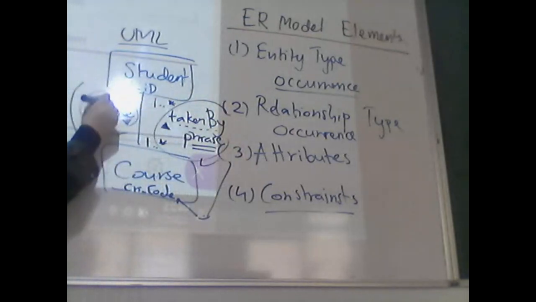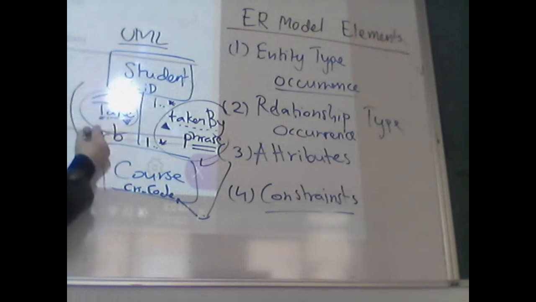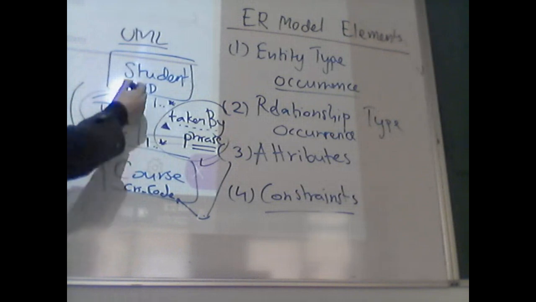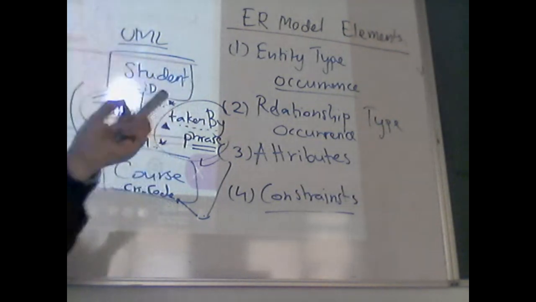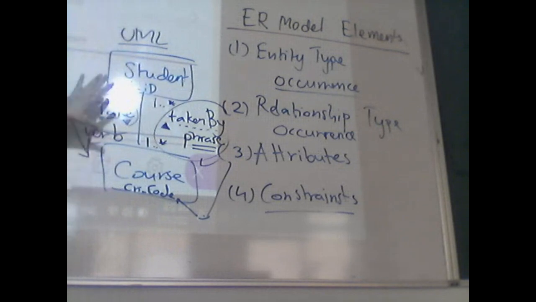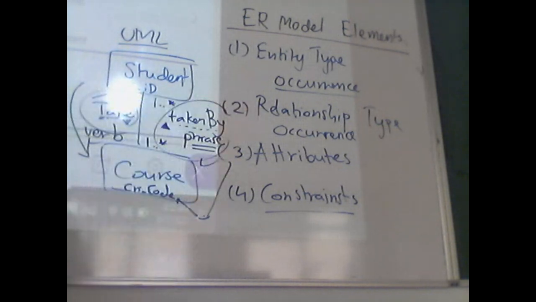And this is a verb. So you can use it both ways. The association can be drawn as a straight line between two entities. So this is about the relationship type.